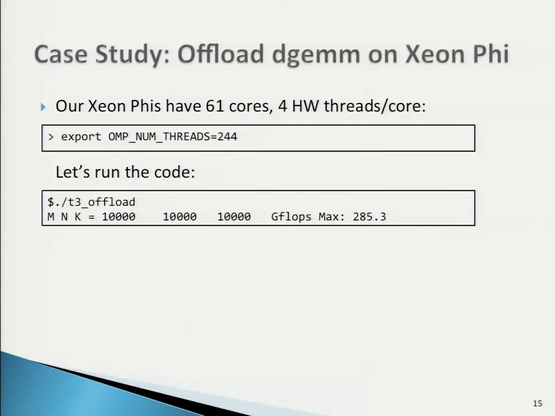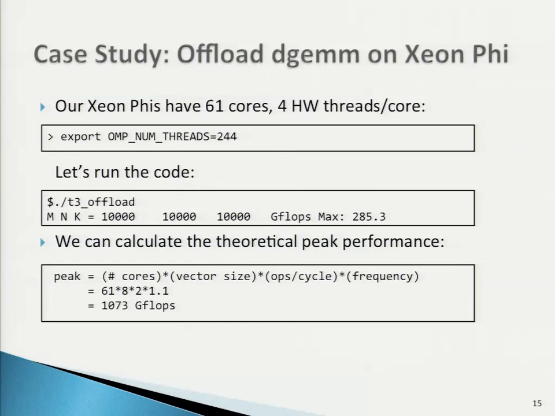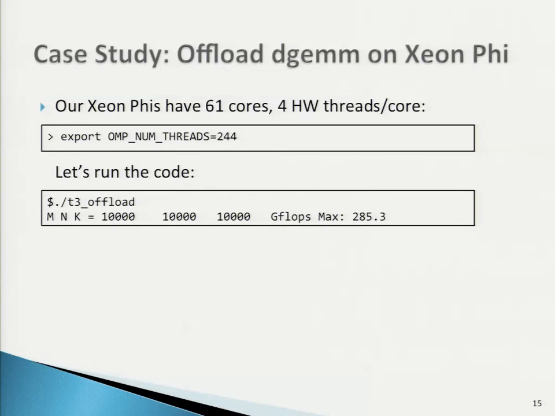So the Xeon Phi that we were testing on had 61 cores, 4 hardware threads per core. So that makes for a total of 244 threads. We run the code with 10,000 by 10,000 square matrices, and we get 285 gigaflops, which is not too bad.